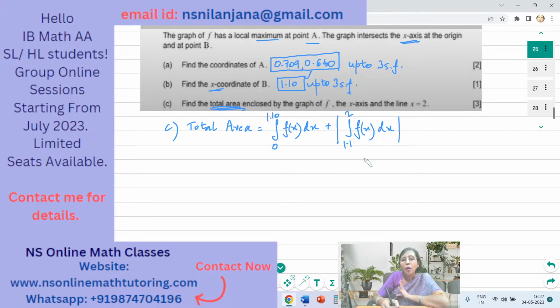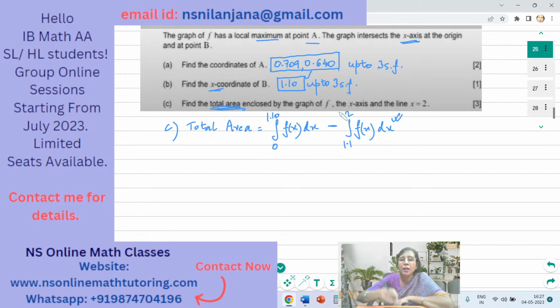Or else, if you don't want to insert some more symbols, that is the modulus sign, you can put a minus sign in between, because this part will be giving us a negative value, and negative of negative will be positive.